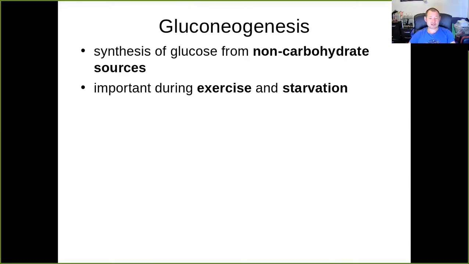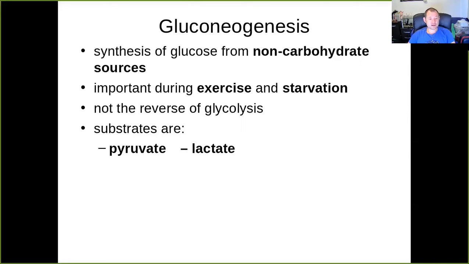Also, if we starve ourselves for just a couple of days, then we use all of the glycogen stores from our liver up. So we have no glucose in our body, meaning we need to make some or use an alternative energy source. I'll talk about the alternative energy source at the end of the lecture. So it's not the reverse of glycolysis.